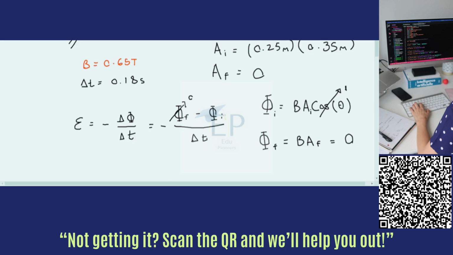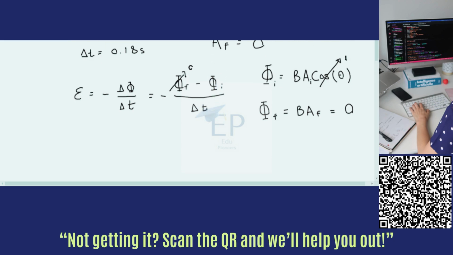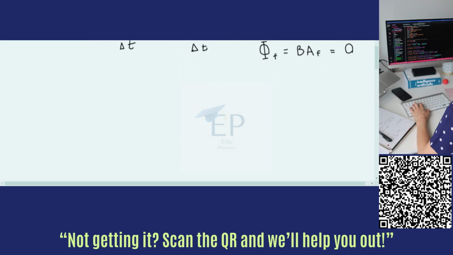We can zero that out right away, and then plug in our expression for the initial flux. So we'll have minus the initial flux, which will be plus B times the initial area, so we'll have B times our initial area divided by delta t.